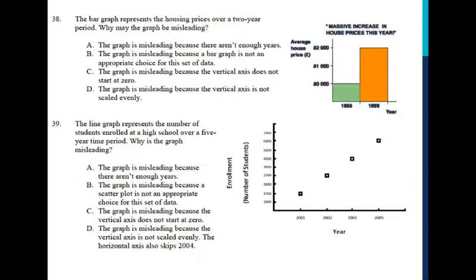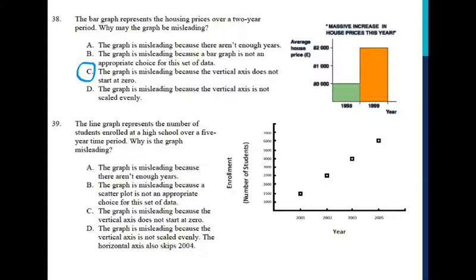The correct answer for that is C. So it looks like there's a big jump from 80,000 to 82,000 when in reality that's just 2,000 in the average housing price. So that's not a huge jump, but because it's not scaled at 0, it makes the bars look very different from each other. And the vertical axis is scaled evenly because you're going from 80 to 81 to 82. So it's because it doesn't start at 0.